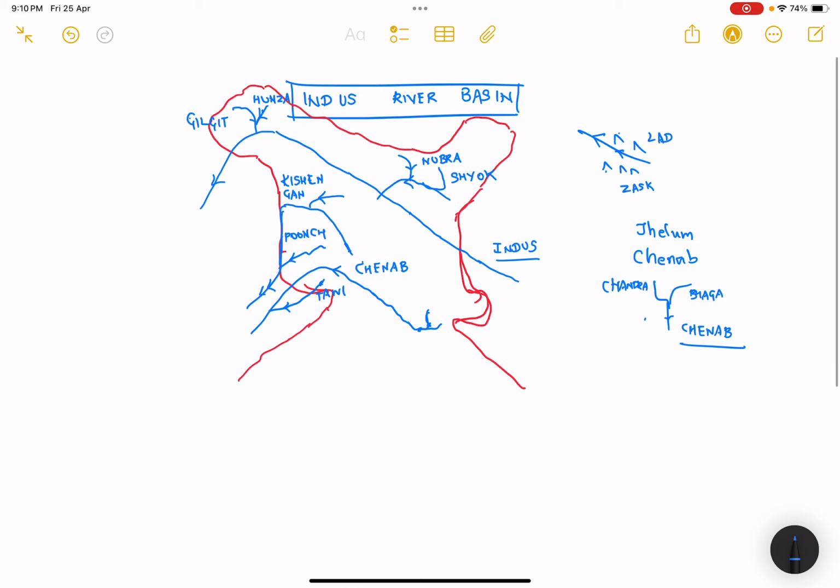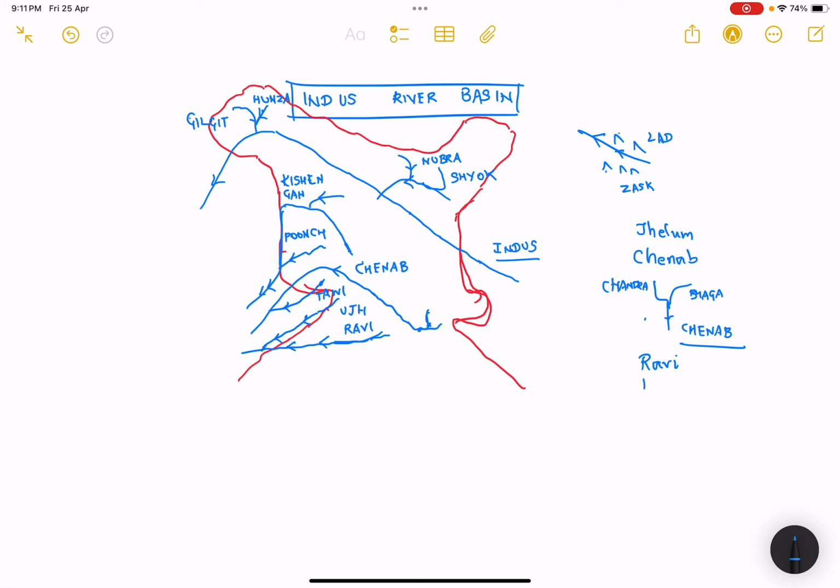Then we have River Ravi, river number 4. Ravi again starts in the state of Himachal Pradesh near Rohtang Pass. And Ravi's important right-hand tributary is River Ujh, which meets Ravi after crossing the international boundary.